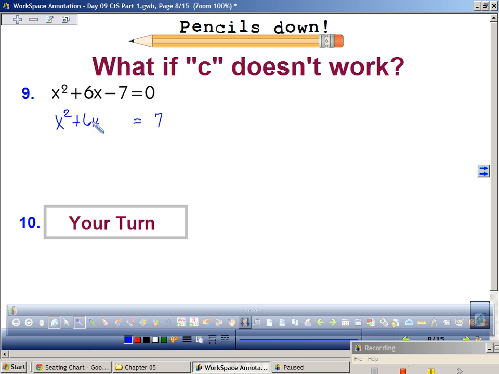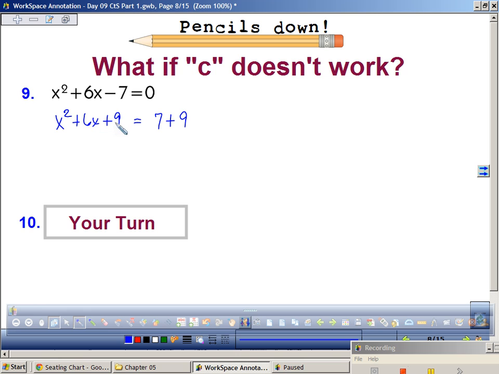Because 6x is 3 x's and 3 x's, and to complete the square it needs to be a 3 by 3, which is 9. Right? Okay, so are all those legal moves? Can I add something to both sides?